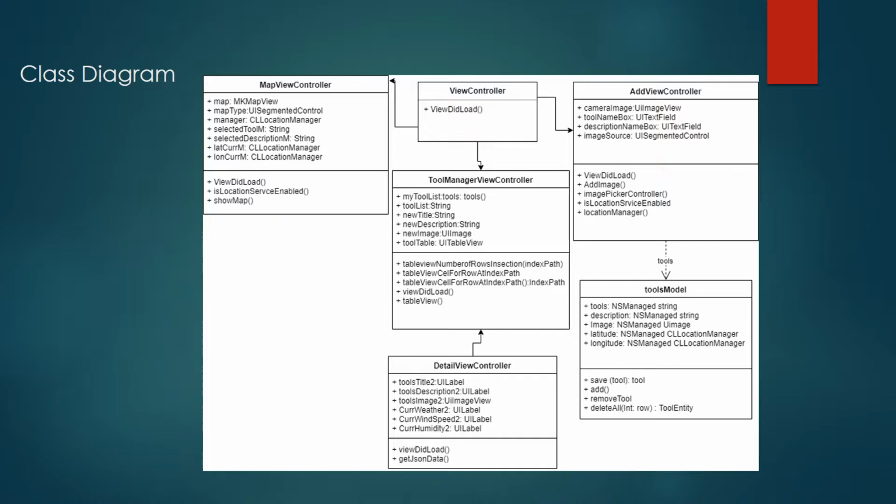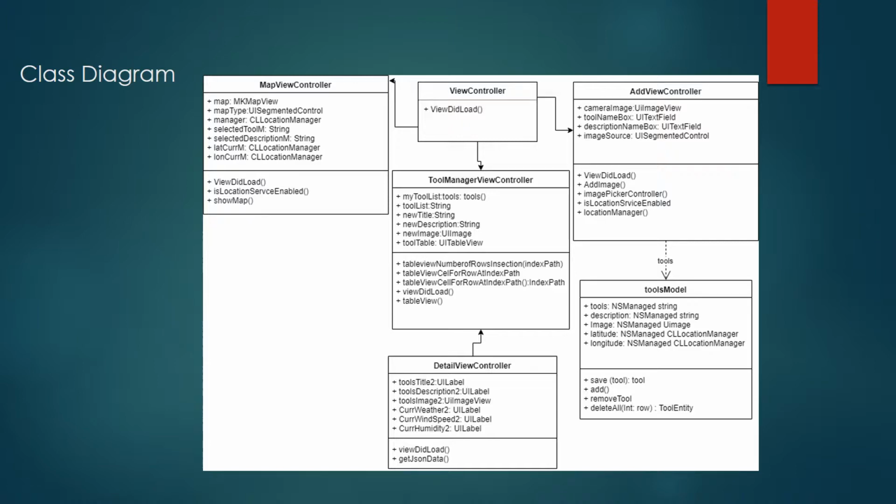So wherever the picture is taken, from a gallery or if it's a real-time picture, the latitude and longitude will be stored inside of it, and they will be able to retrieve it for later use, such as in the detail view.